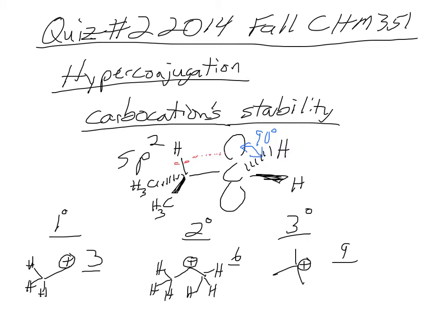But it doesn't matter what kind it is. It has to be a sigma bond. It doesn't matter if it's a CH or a CC sigma bond. Just a sigma bond 2 bonds away from the plus charge. Doesn't matter if it's a CH, CC, CI, anything. As long as it's a sigma bond 2 bonds away.